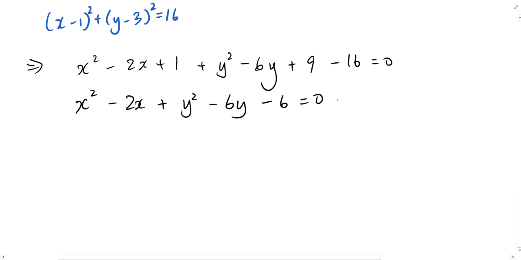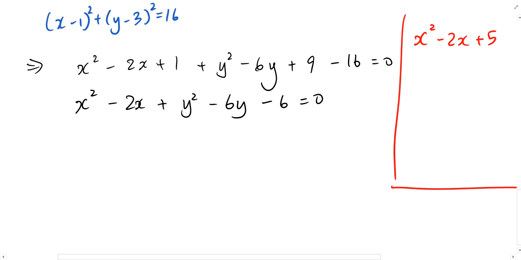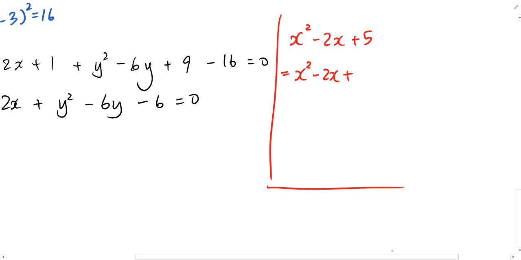Okay, so watch now. I'm going to recap your completing the square. You know, completing the square, I usually give you questions like this. X squared minus 2x plus 5. Complete the square. So what you need to do is x squared minus 2x, then you plus (negative 2 over 2) squared.